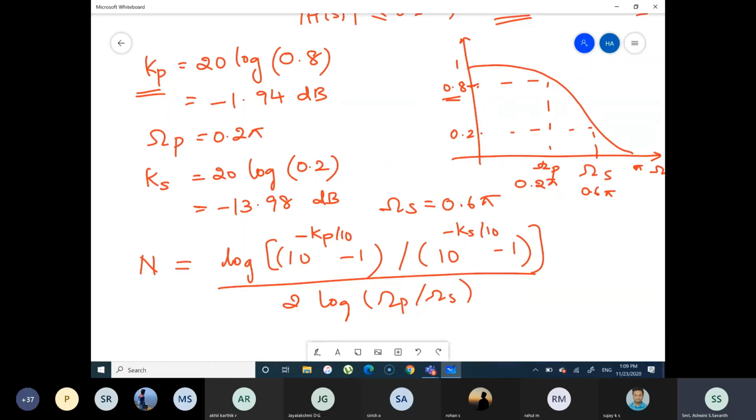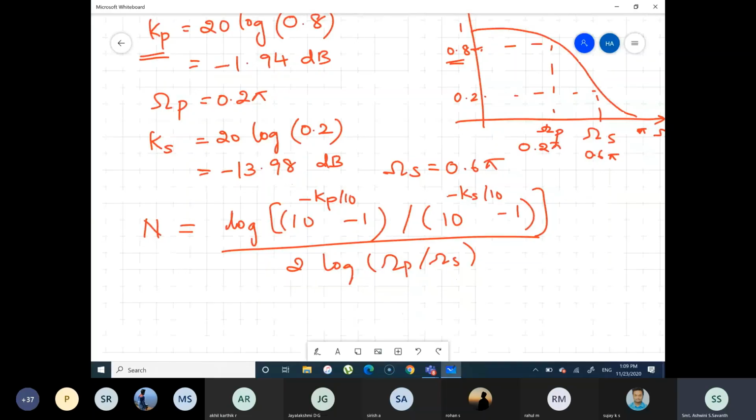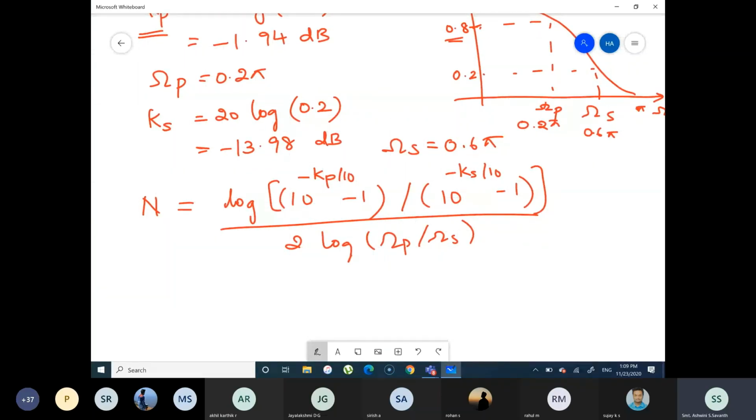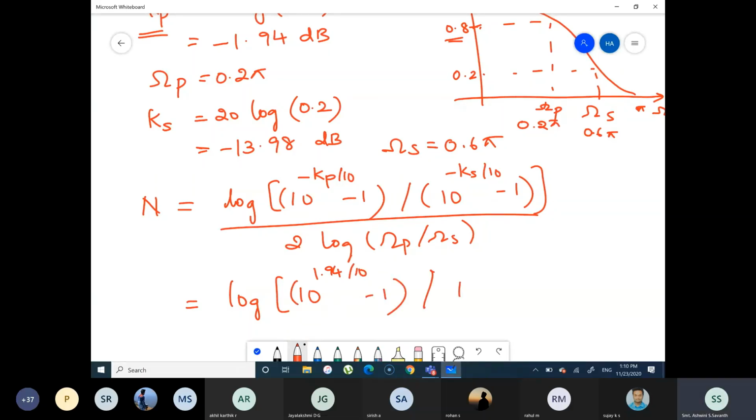Substitute the values of omega p, omega s. So log of 10 raised to the power minus Kp. Kp is minus 1.94. So to the power 1.94 divided by 10, minus 1, divided by 10 raised to the power. Ks is minus 13.98. So you already have a minus there.